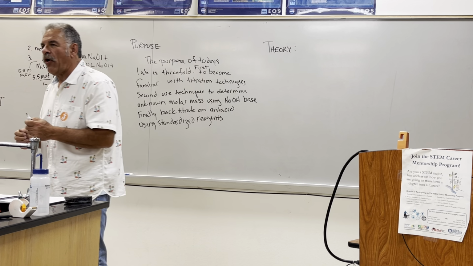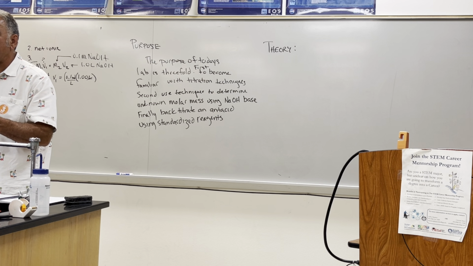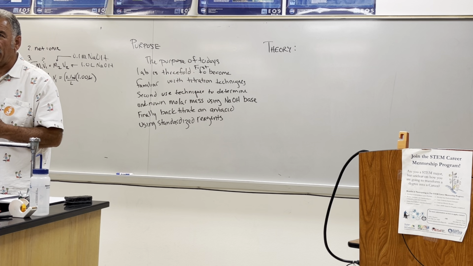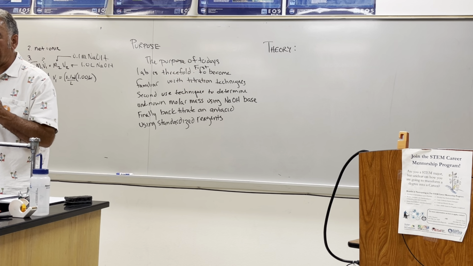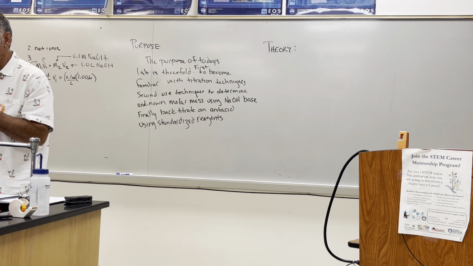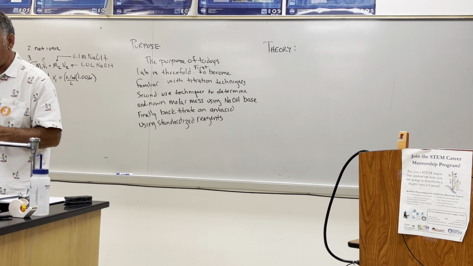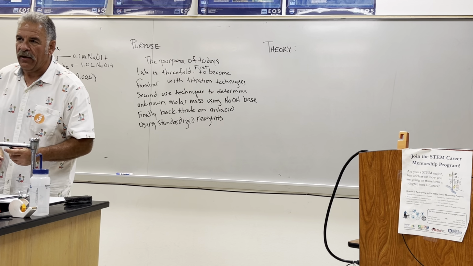And the principle involves, if we know the concentration of one reagent and the volume we use, we can use the molecular equation and the stoichiometric ratio between the reactants to accurately determine the concentration based on the volume of the unknown used. And that's our theory.